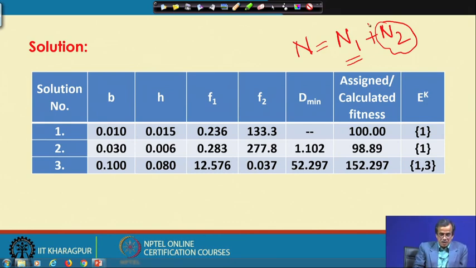as I told, the whole population is generated at random and the design variables should lie within their respective ranges.